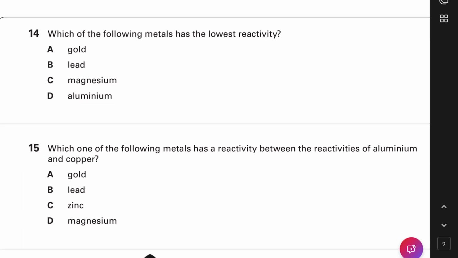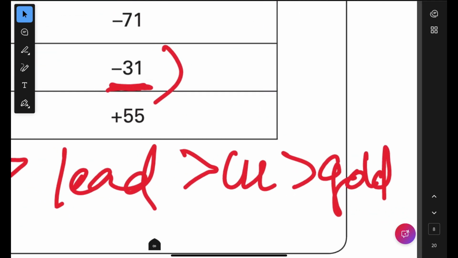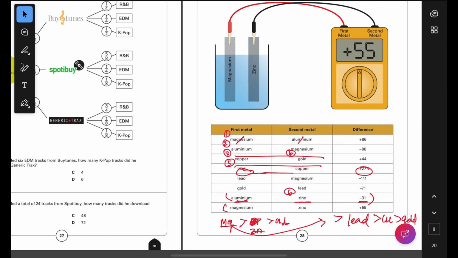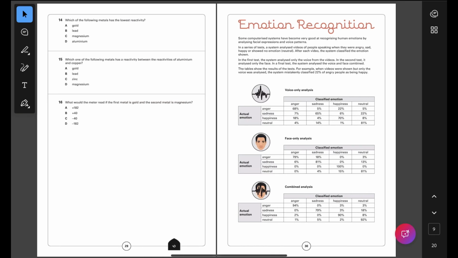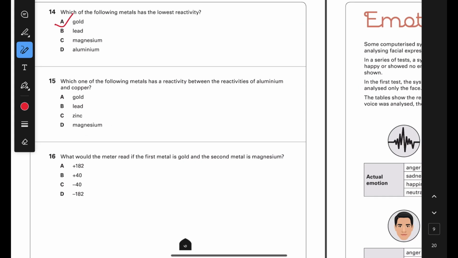The first question is, which of the following metals has the lowest reactivity? In the series, the answer is gold. Gold has the lowest reactivity here, right? So our option is A. Then, which of the following metals has a reactivity between the reactivities of aluminium and copper?